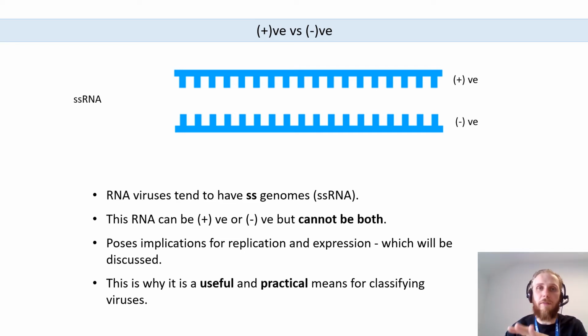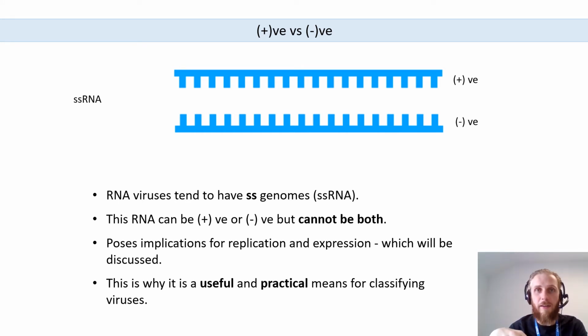And this is the big difference between positive sense and negative sense RNA viruses. For positive sense RNA viruses, their genome can be directly translated as soon as they come into the cell, because their genome is essentially mRNA, so it's treated like mRNA by the cell machinery. It is translated into protein.